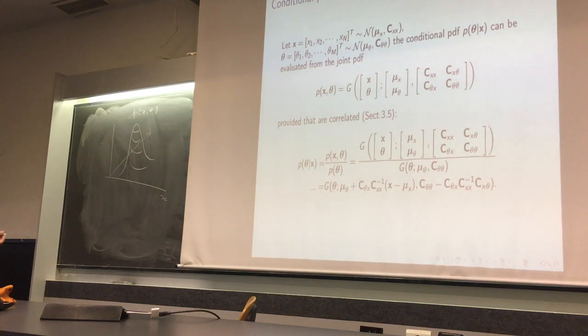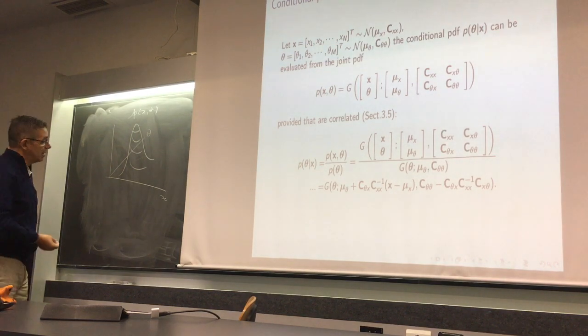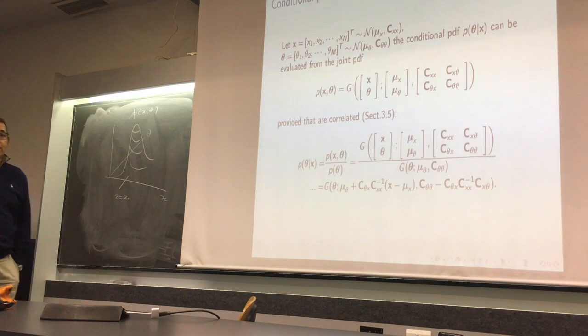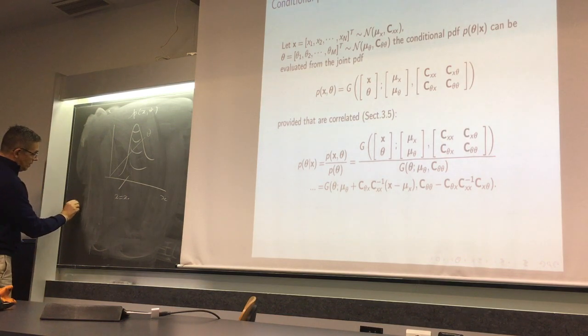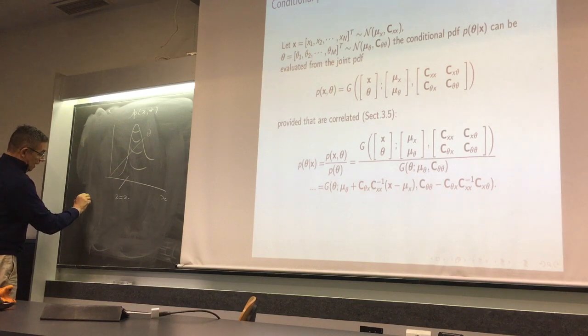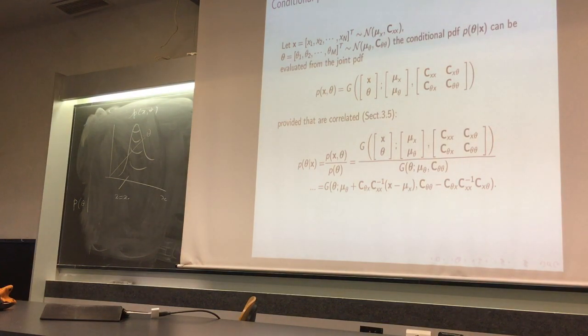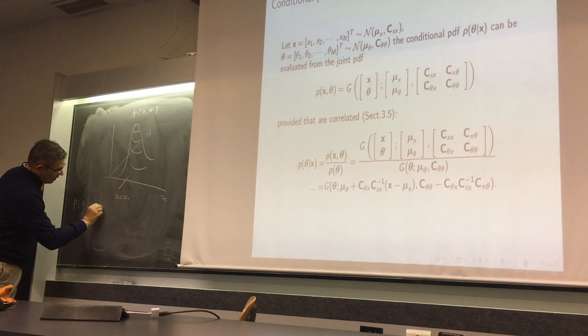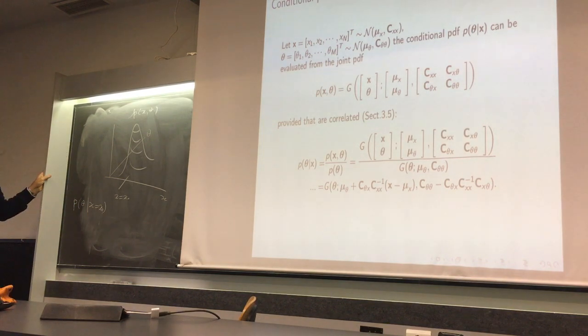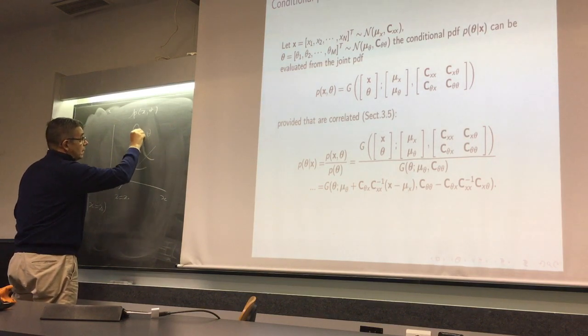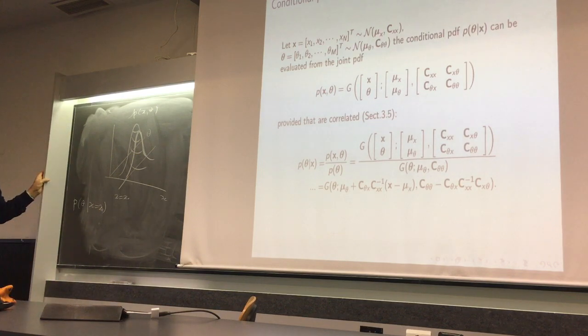My goal is to fix x. So assume that I fix x, this is x equal x0. I want to calculate the conditional PDF. So what is the conditional PDF? Remember, the conditional PDF is the probability of theta, assuming that x is fixed to one value, such that this value is deterministic. It's no more random, okay? So x equal x0. And the way to do it is to take this dimension, cut it, and normalize it.